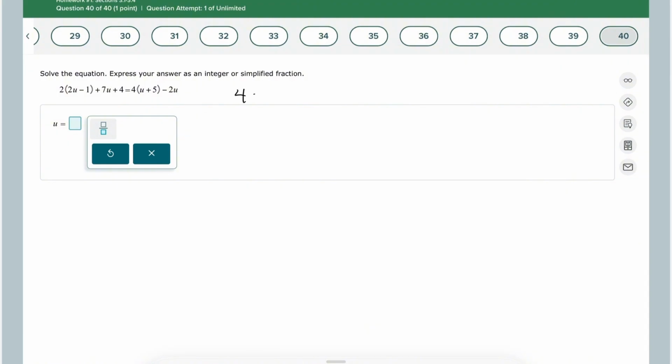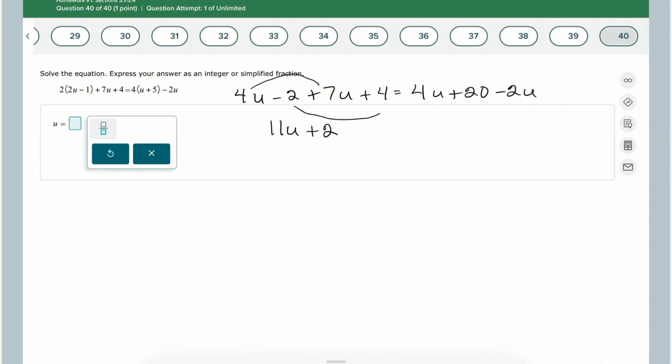So 4u minus 2 plus 7u plus 4 equals 4u plus 20 minus 2u. Combining like terms on this side over here, I'm going to get 11u plus 2, right? Because I combined these two and these two.